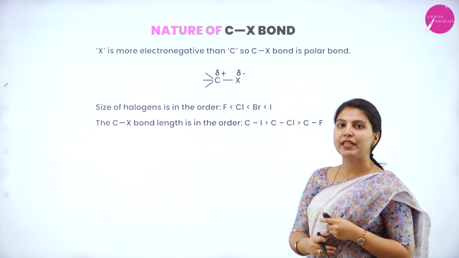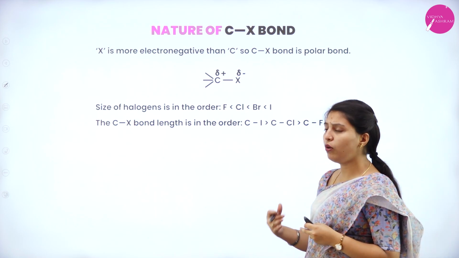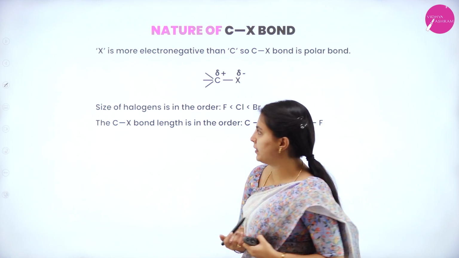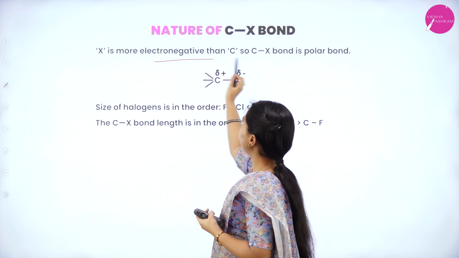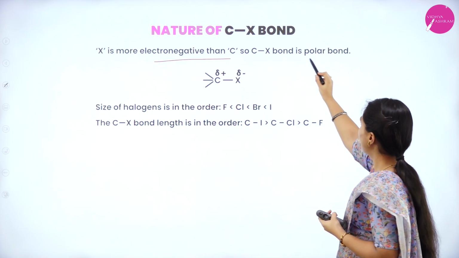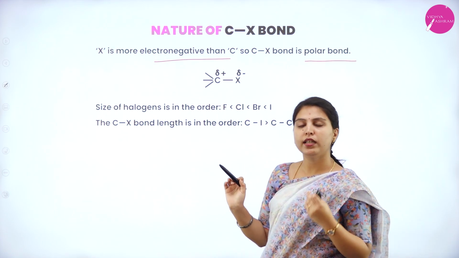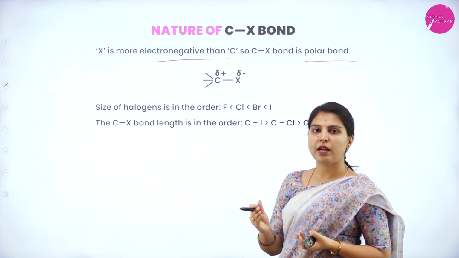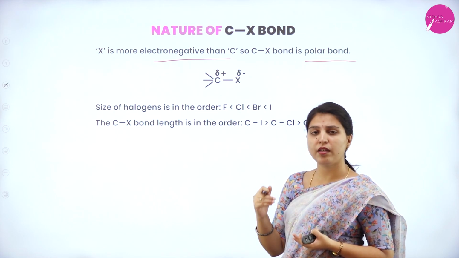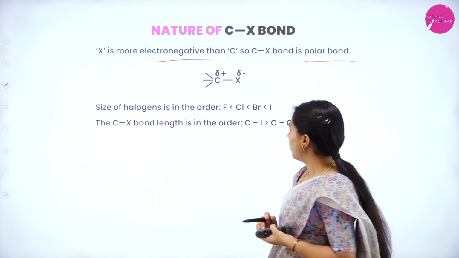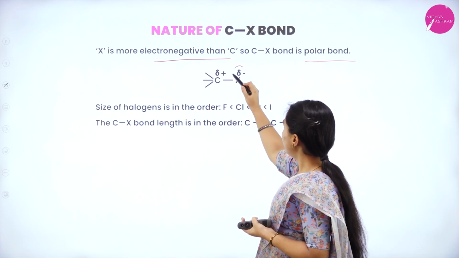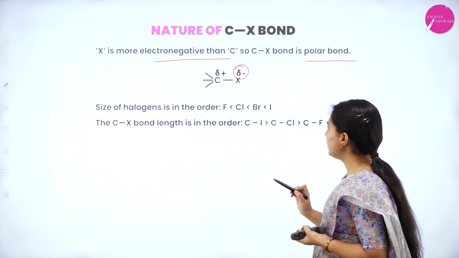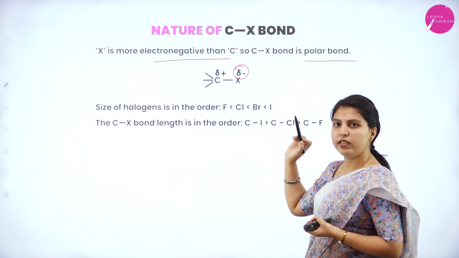Next one, nature of the C-X bond. How is the carbon-halogen bond formed and on what basis? X is more electronegative than carbon, so the C-X bond is a polar bond. We know that carbon is also electronegative, but compared to halogens, carbon is less electronegative because halogens are more electronegative in the periodic table. The size of halogens in the order fluorine, chlorine, bromine, iodine increases.